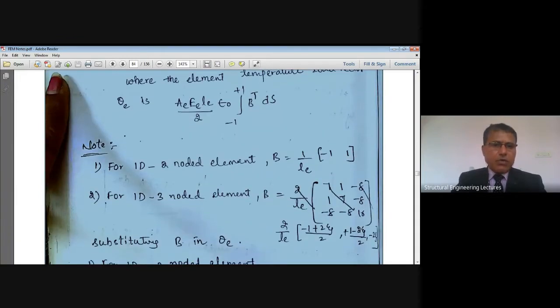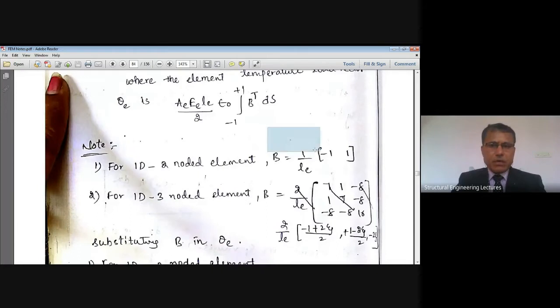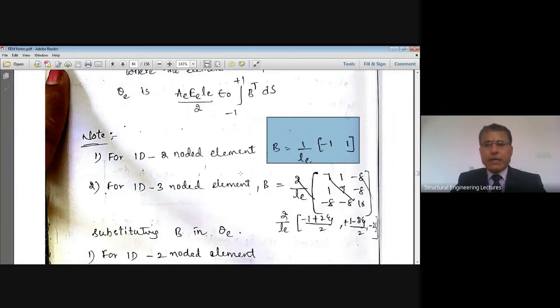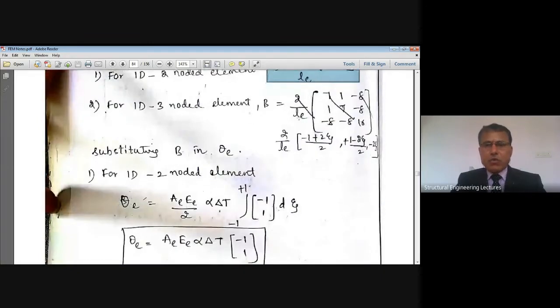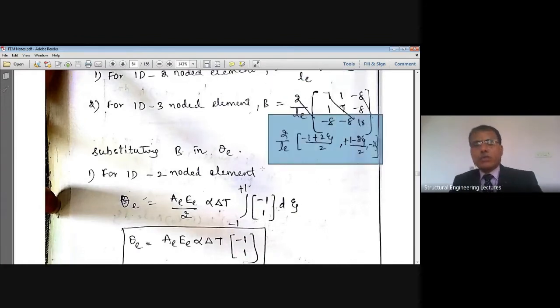But we already know for a one dimensional 2-noded element B is equal to 1 by LE times minus 1 plus 1, whereas for a 1D 3-noded element B is nothing but 2 divided by LE times minus 1 plus 2 xi divided by 2, 1 minus 2 xi by 2, minus 2 xi.